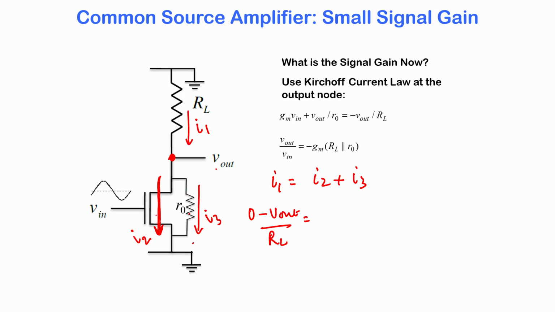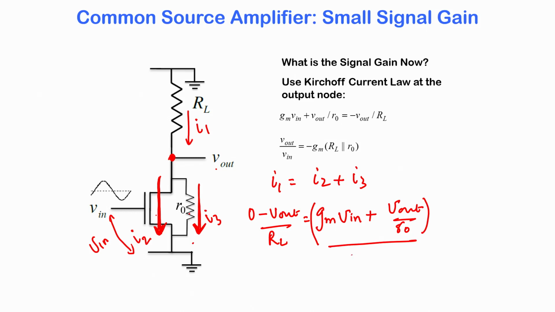So the current due to Vout is going to be 0, but there is a gate to source fluctuation, which is Vin. So I2 is going to be Gm times Vin, and I3, which is the channel length modulation effect, is going to be Vout by RO. These two together represent the non-ideal MOSFET, which is the ideal MOSFET with no channel length modulation plus the channel length modulation effect.